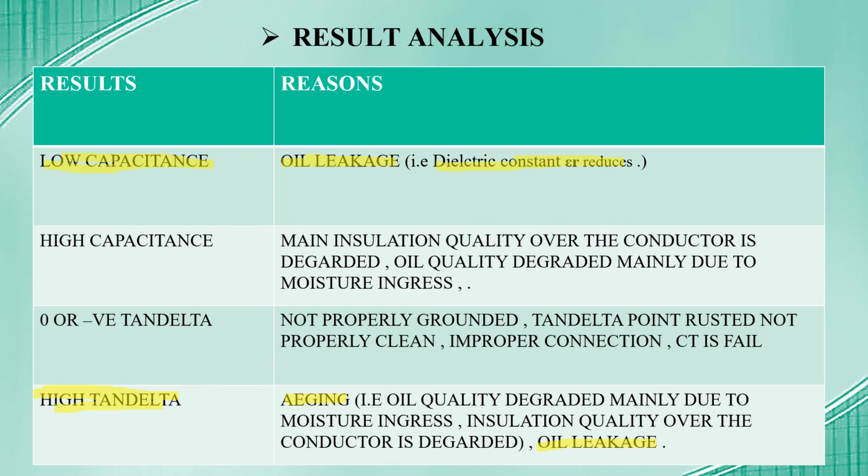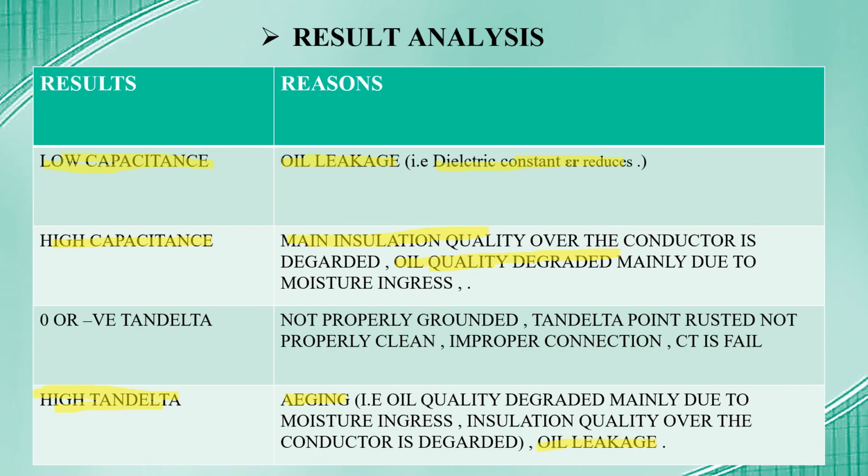Another one is high capacitance. One will observe high capacitance mainly due to the paper insulation getting degraded, and another cause may be the oil quality getting degraded due to ingress of moisture.